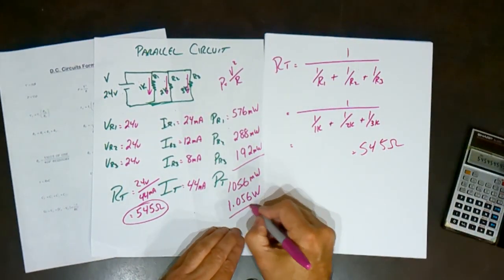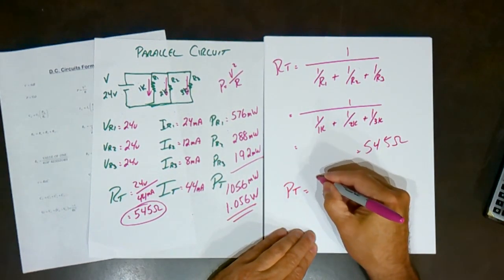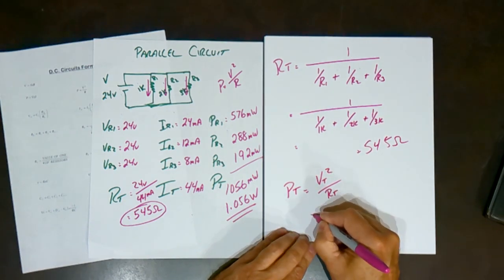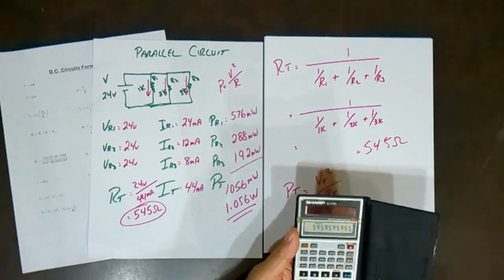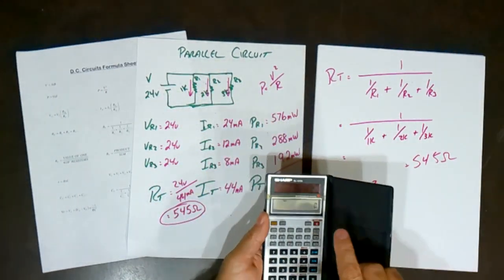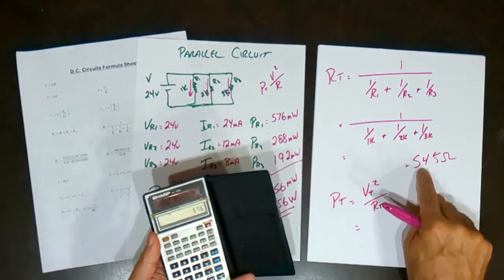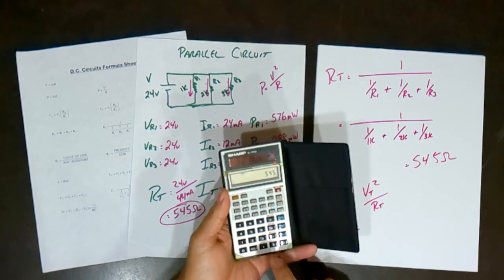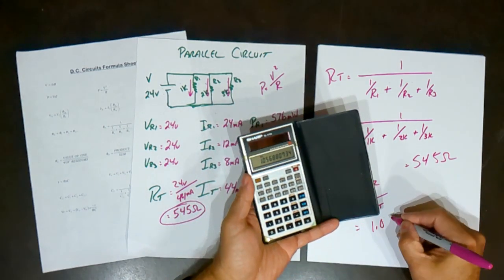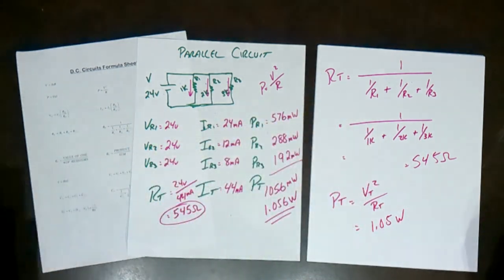Now we can double check this value. So we can say power total is V total squared divided by R total, or any of the other power formulas we want to use. So V total is 24 volts. 24 volts squared divided by R total, which we just figured out is 545, equals 1.05 watts.